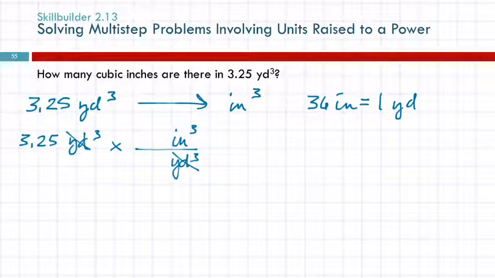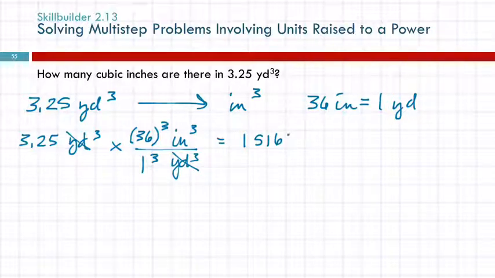You can do that separately and write in the cubed value, or you can just put in 36 and raise it to the 3rd power. 1 cubed ends up being 1. So 3.25 times 36 cubed: 151,632 cubic inches.